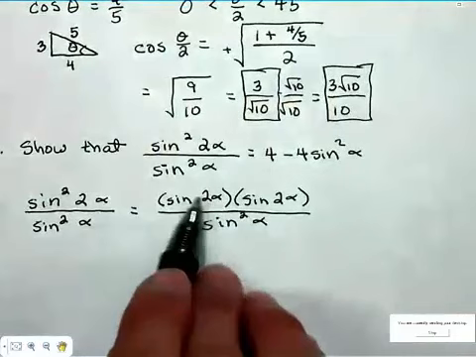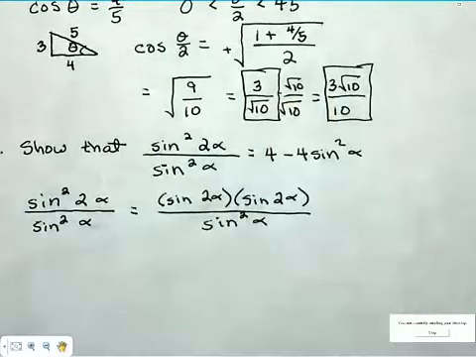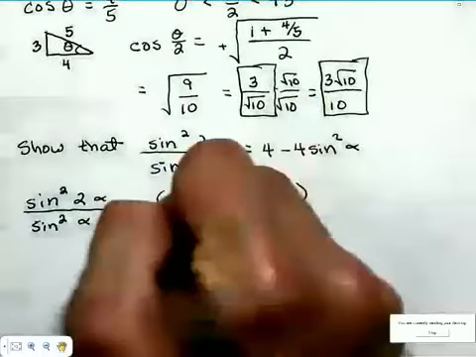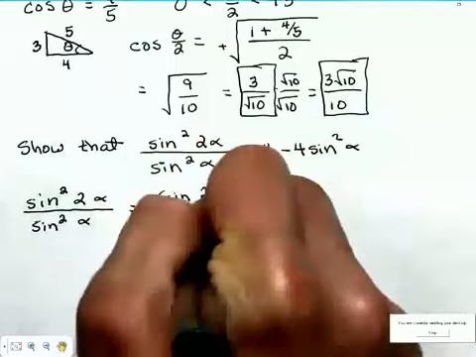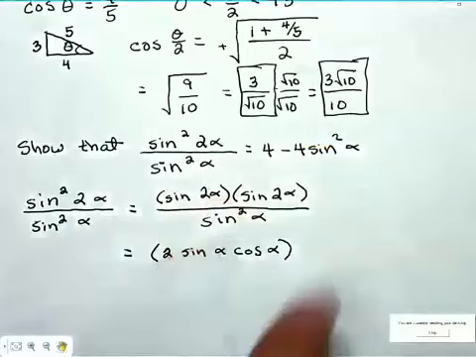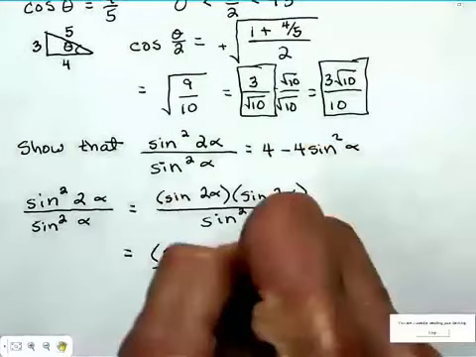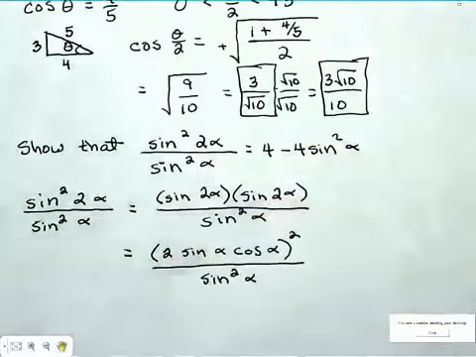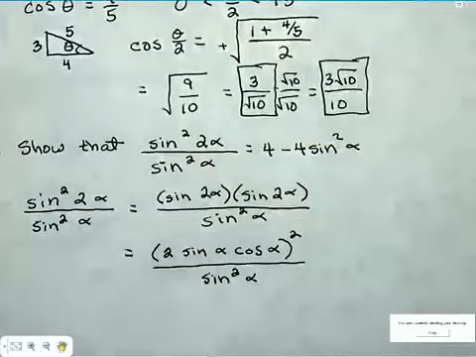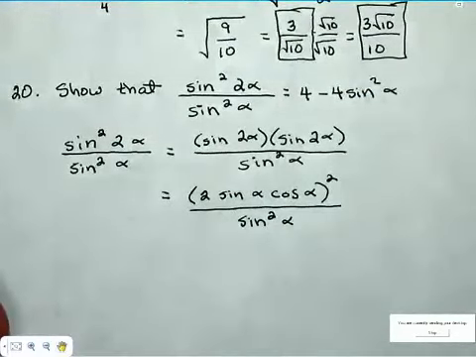And actually, instead of writing this down twice, I meant to just write it down with a square outside, but that's the same thing. Sine of 2 alpha is 2 sine alpha cosine alpha. And I can either write that again or just put the square outside. And that's all I've done in the first step. Then what?